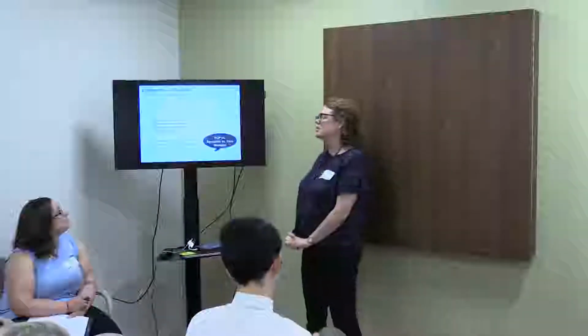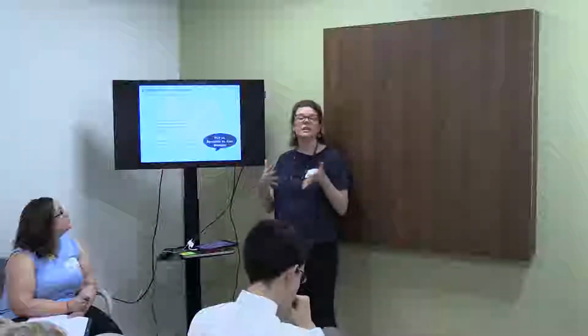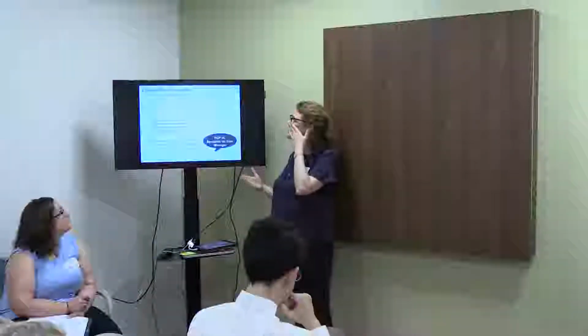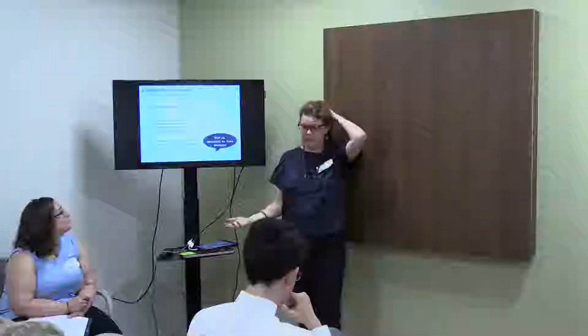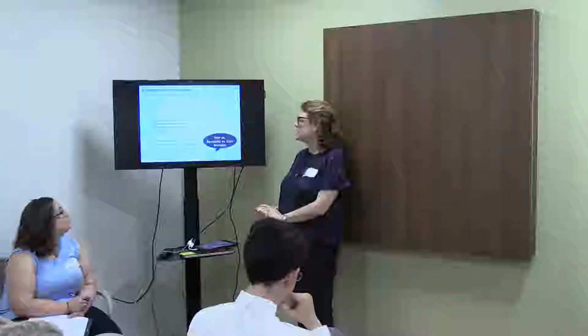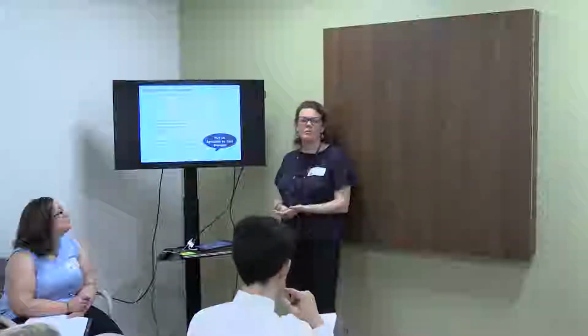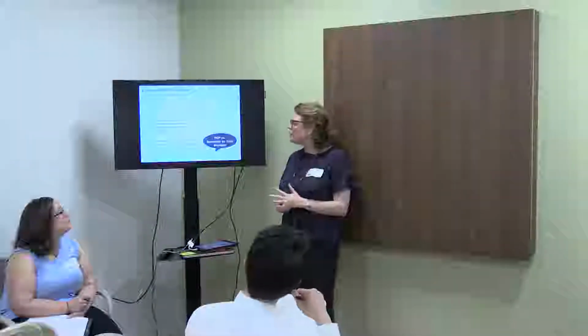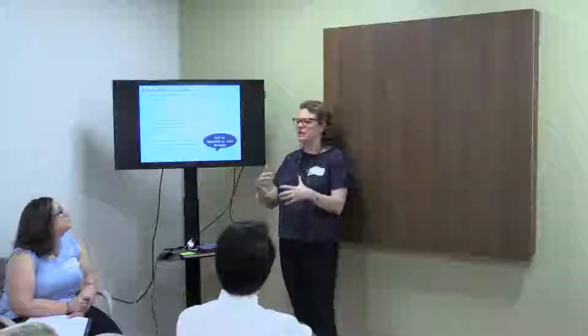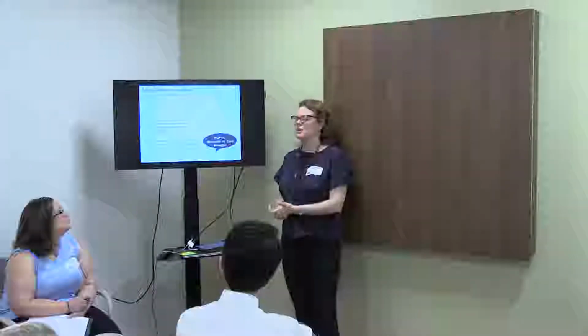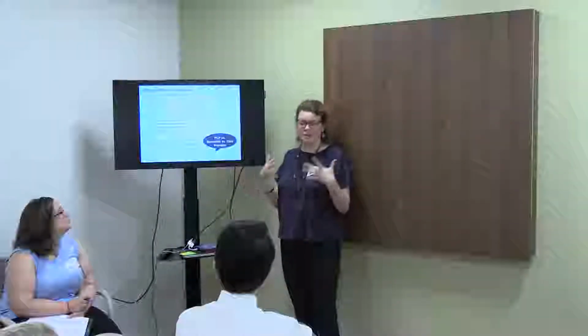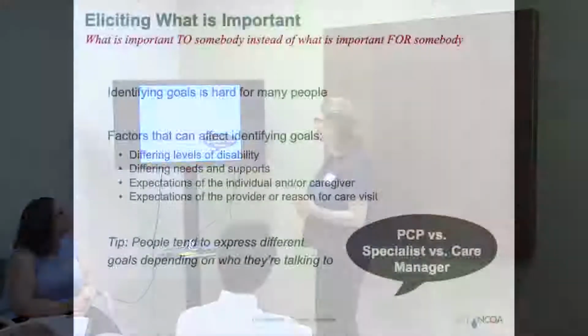And certainly, this is all about tailoring things to an individual. People have differing levels of disability, so not everyone is able to set the same kind of physical activity goal. There are differing needs and supports. One thing we heard from the pilot was that this was helpful in setting a goal, and even if someone didn't achieve the goal immediately, identifying those barriers and what supports could help was part of the value of this process.